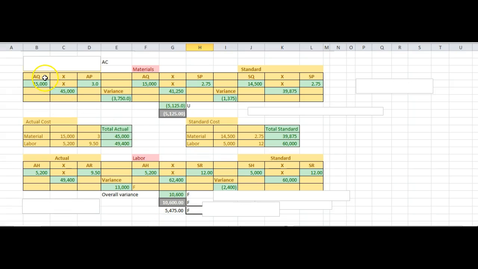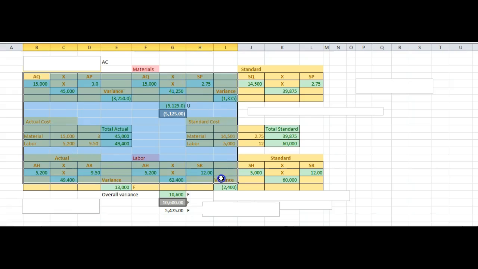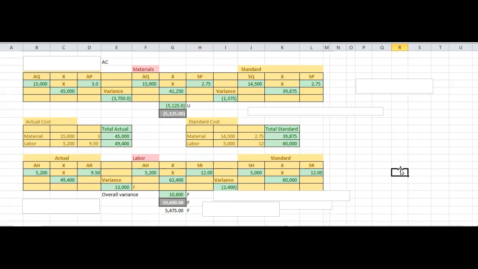But you don't know why until you break it down in these variances, and that's why we do those. So I hope that helps a little bit, and I'm going to stop this one, and then we'll go on to the budgets. So this goes here, this goes here. You bring in the actual quantity here and the actual standard price here to come up with comparison across, and then you net them all. Make sense?